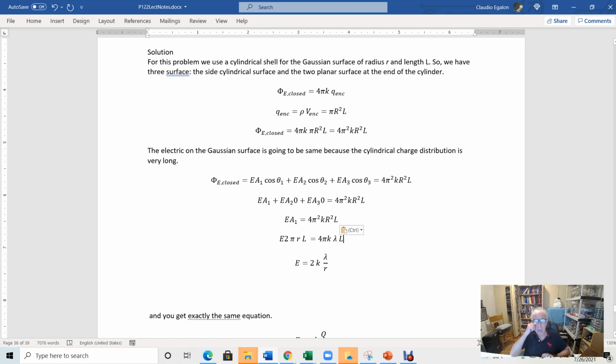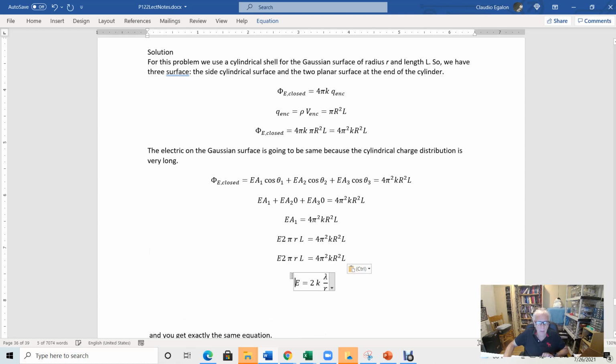Okay, and the area of the Gaussian surface is going to be just like you saw before. Oh, let's copy and paste this one here. L is going to cancel out with L, right? Let me just copy and paste this one. 2 pi is going to cancel with this 4 and one of the pi's.